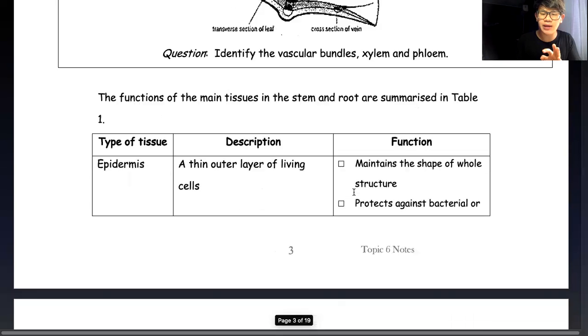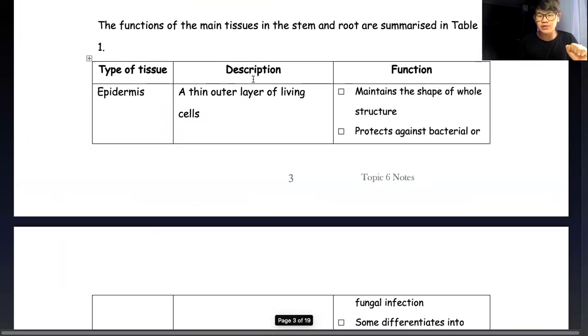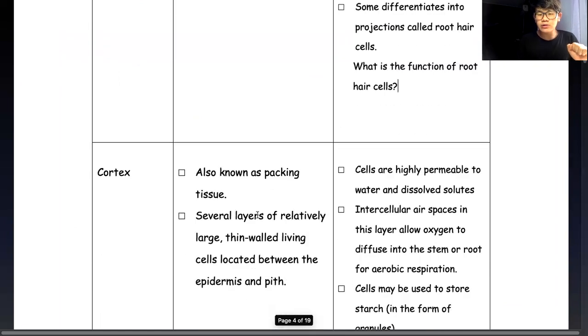If you scroll back here, now, what is the description? Okay, they are also known as the packing tissues because macam untuk mengisi ruang-ruang kosong. So packing.